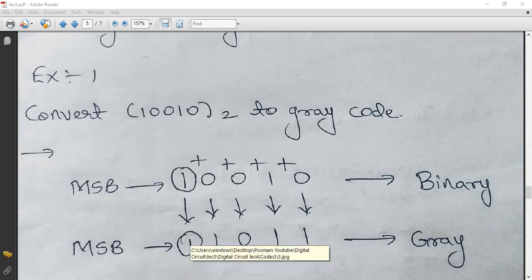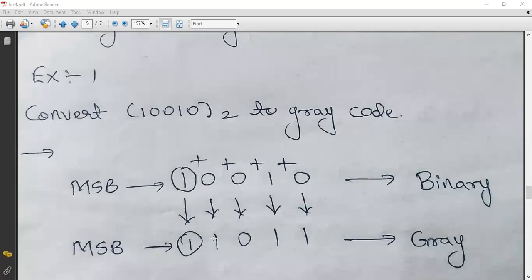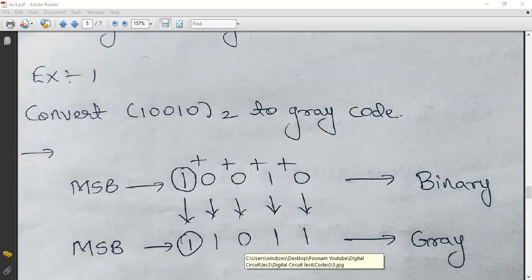Now what is the next step? I am going to add this 0 to 1. So what will I get? 1 plus 0 is 1, so 1 will be written here. Now the next number, 0 plus 0 is 0, so 0 will be represented here. Next, 0 plus 1 is 1, so 1 will be represented here.